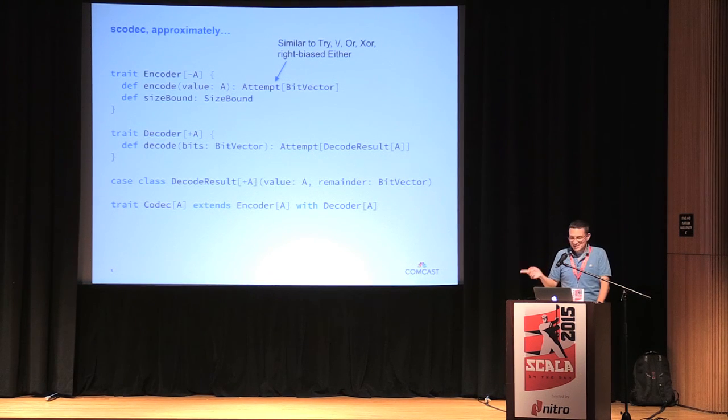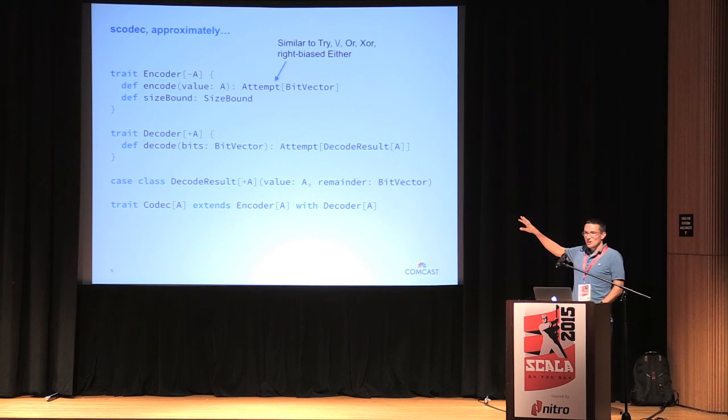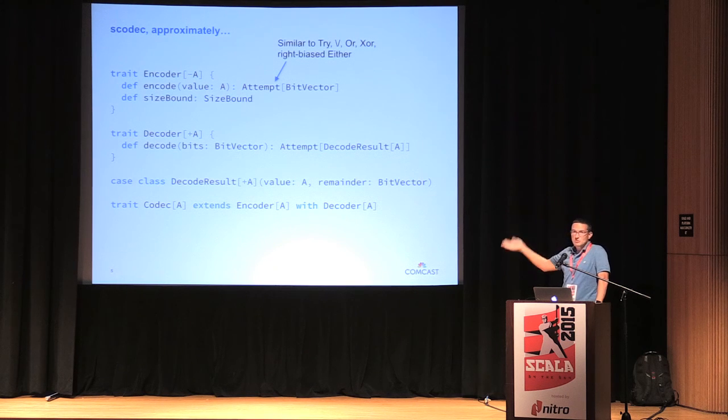This morning in the keynote, we heard about how every library defines their own Either-based data structure. S Codec does that as well, and we have this Attempt data structure. It's very similar to Scala's Try, but where Try represents failure as a Throwable, Attempt represents failure with a domain-specific data type called Error.